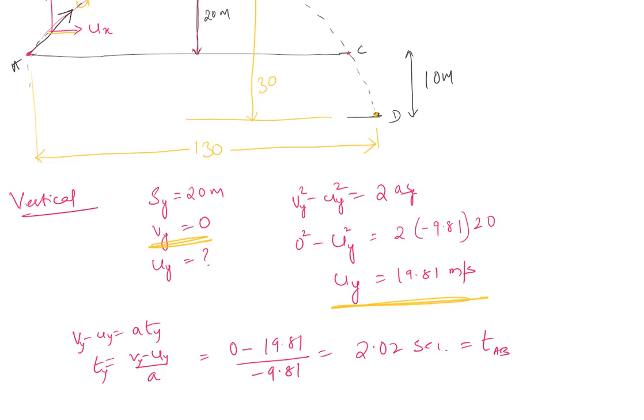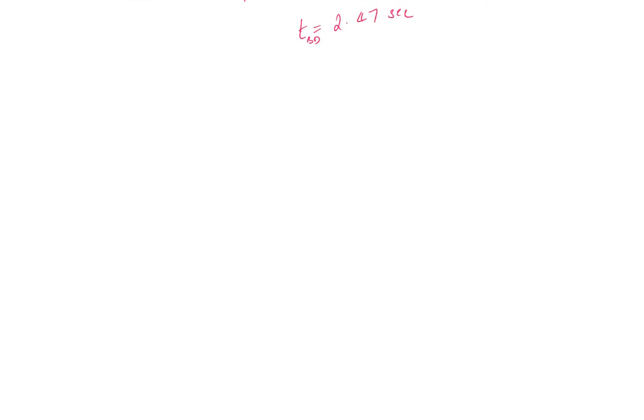So total time is t_AB plus t_BD, 2.02 plus 2.47. That is equal to 4.49 seconds.